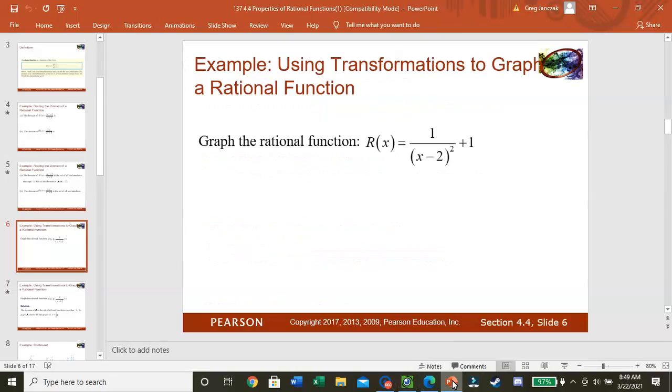So in this case, this is going to make the graph shift x minus 2. What's that going to do? Which way is that going to shift? Is it minus 2? Yeah.